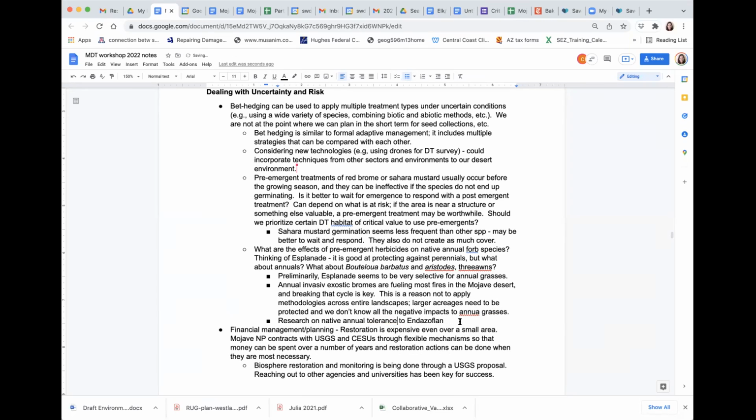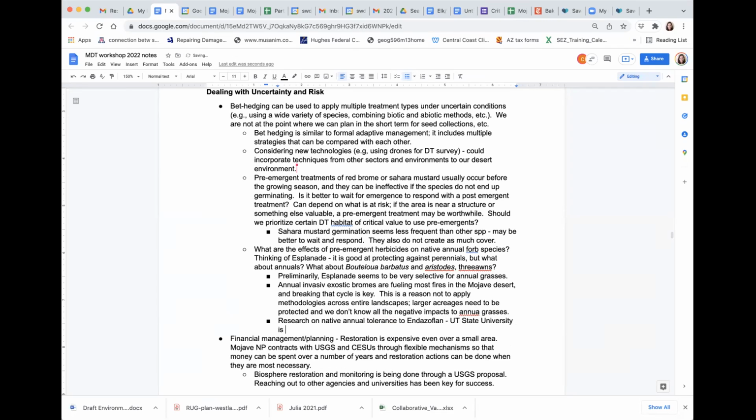We've just been doing some work with that at Utah State University. One of the problems in determining what impacts it has on native annual vegetation is that usually in the plots where we're looking, where there are invasive grasses and Sahara mustard, those annuals have already been displaced.